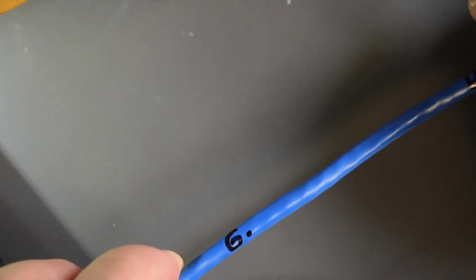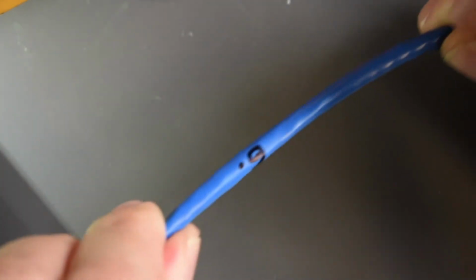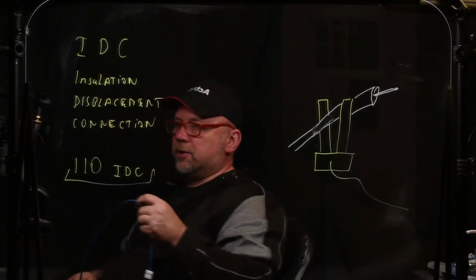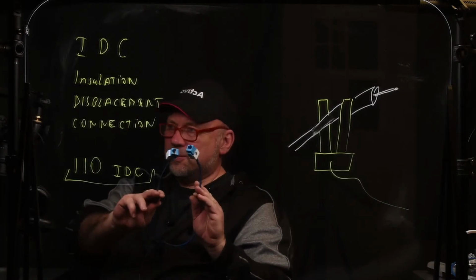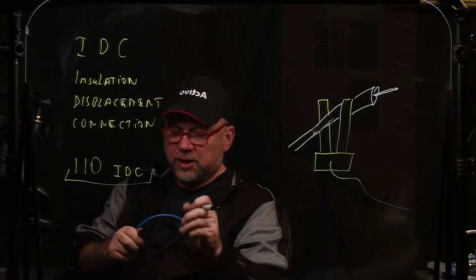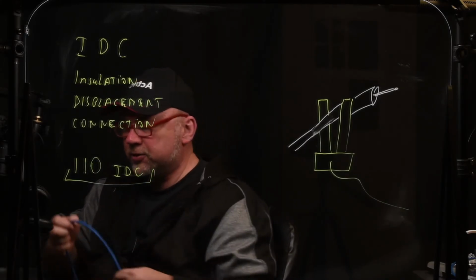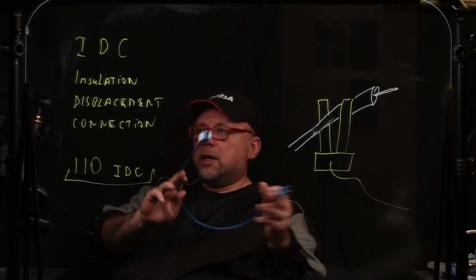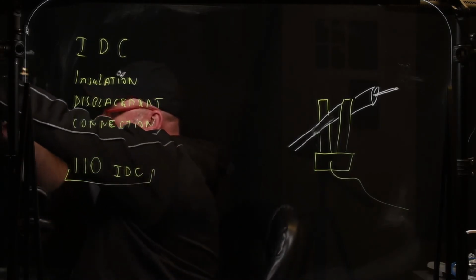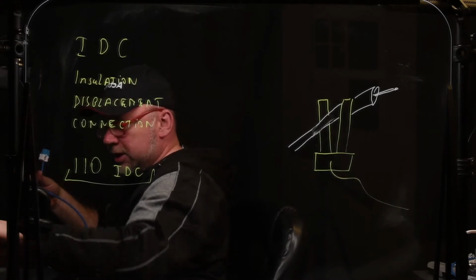I know this is 6, because if I didn't put the dot, if I flip it the other way, that could be 9. And if you're dealing with 200 cables, you're going to appreciate if somebody labels it for you properly, or if you label this properly for yourself. So we have a straight link. Okay. Now what we're going to do, we still have to test.